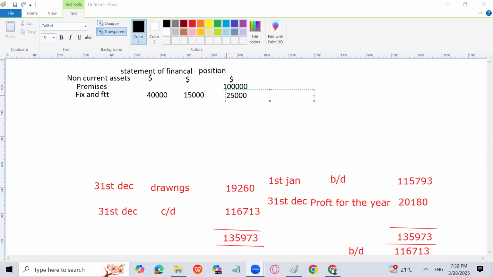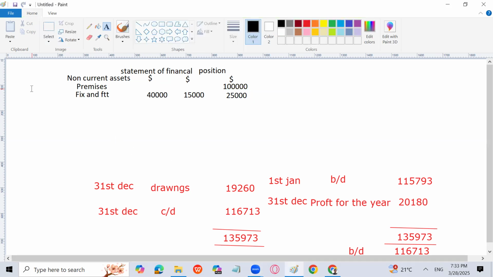Okay, let's see how we are going to move forward. So for non-current assets, we'll add them up. The answer is going to be 1,25,000.